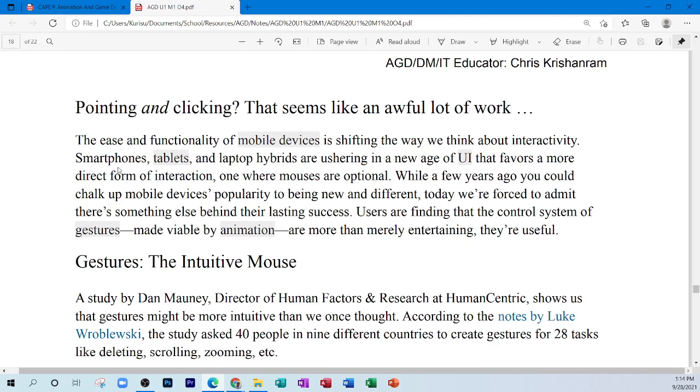While a few years ago you could chalk up mobile devices' popularity to being new and different, today we're forced to admit there's something else behind their lasting success. Users are finding that the control system of gestures made viable by animation are more than merely entertaining, they're useful.